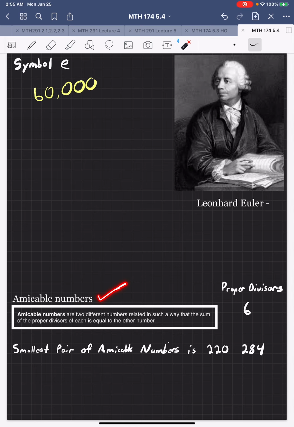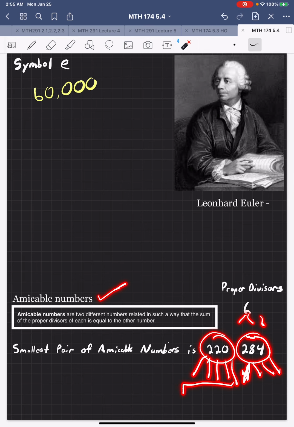We would say that two numbers are amicable if you were to list all the proper divisors, just like I did up here with 6, of, let's say, 220 and 284, and add all the proper divisors of 220, and then add all the proper divisors for 284, what's interesting is the sum of all of these divisors for 220 adds up to be 284.